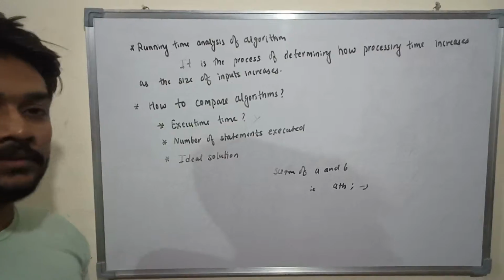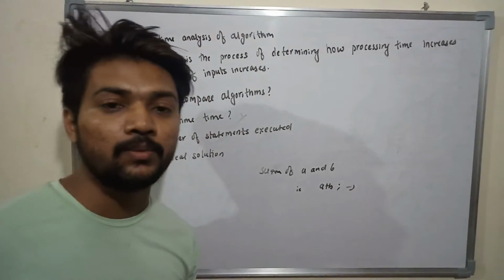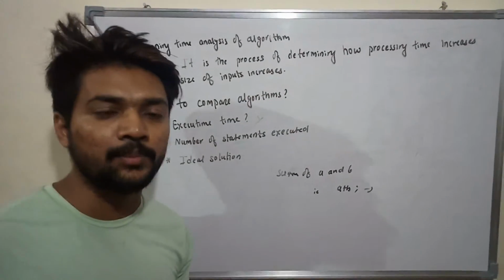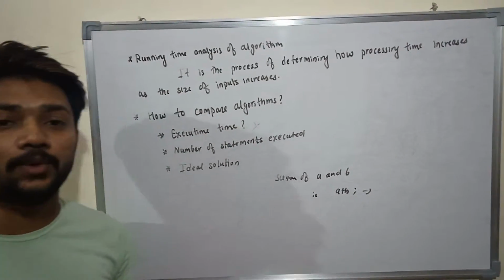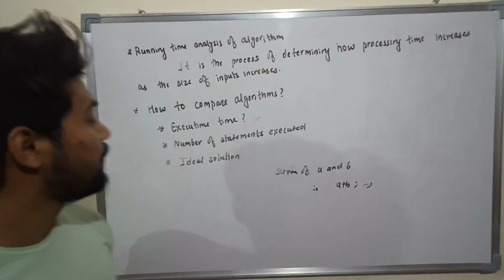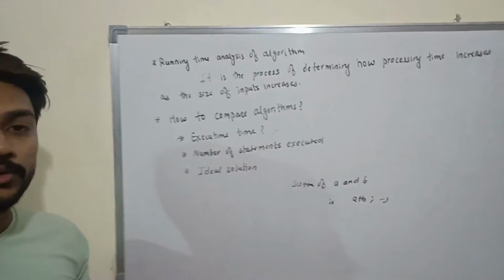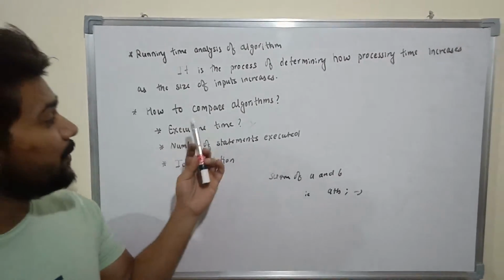So do the lines of code play an important role in comparing the algorithms? No, that is not a good practice to compare the algorithms on the basis of the lines of code they have been written in. So we have to find an ideal solution for how we can compare the algorithms.